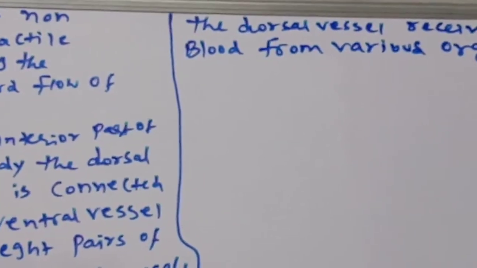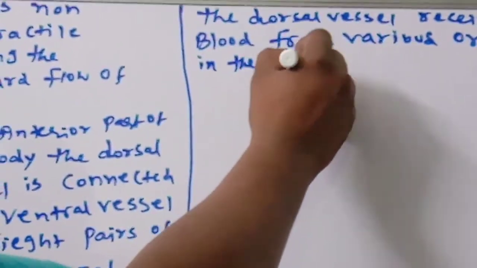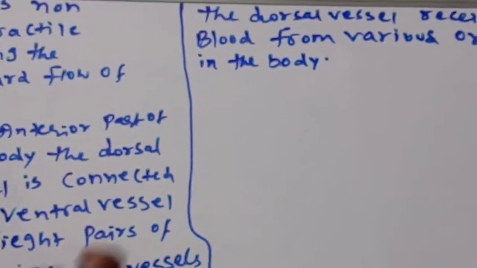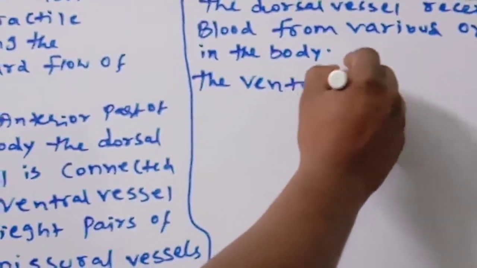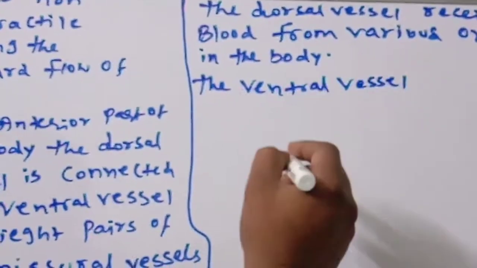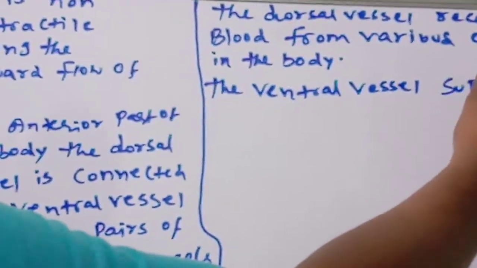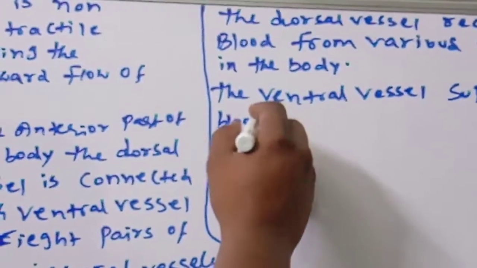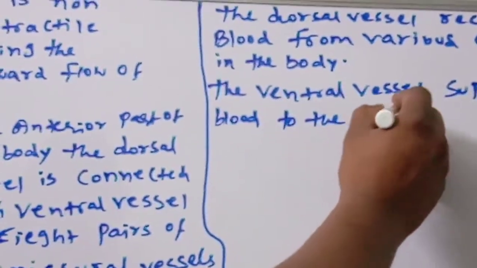Okay children, various organs in the body. Next one, the ventral vessel supplies blood to the various organs.